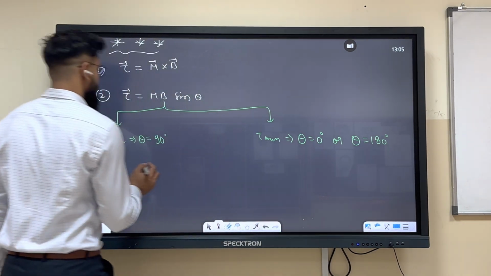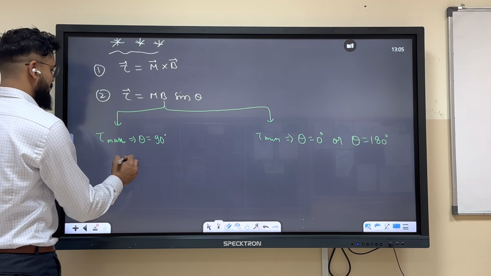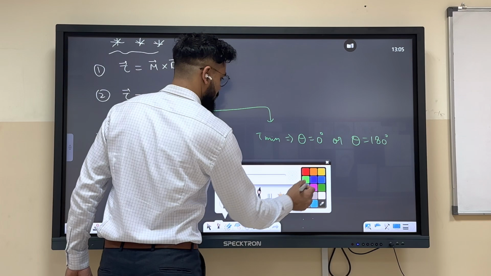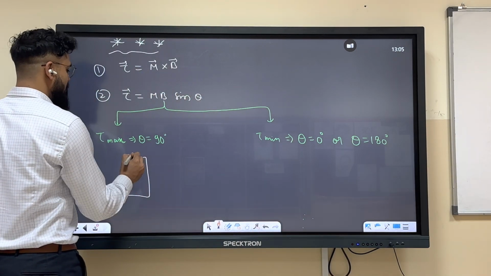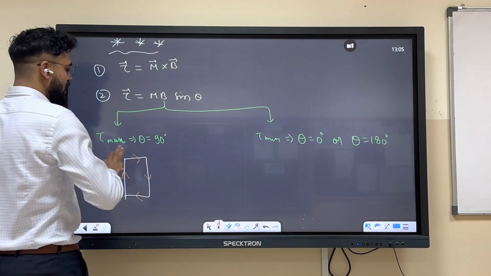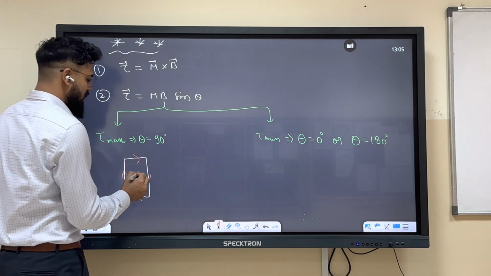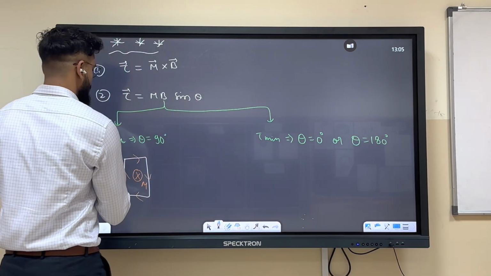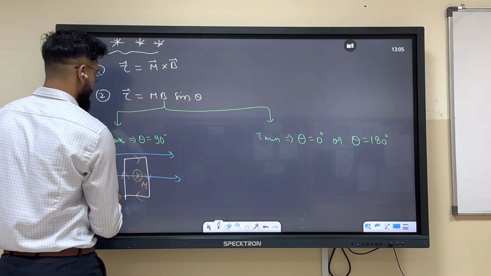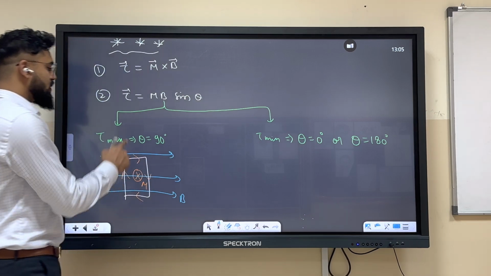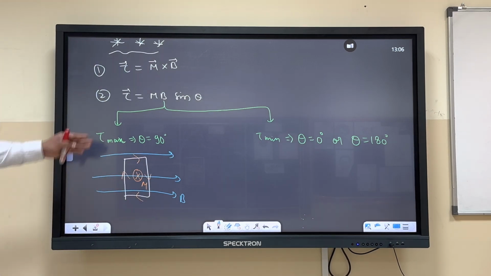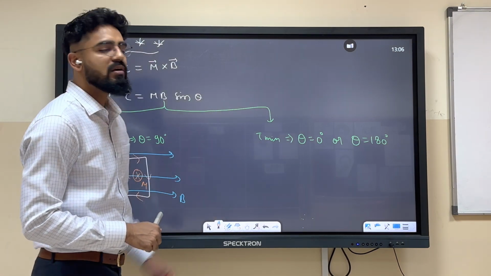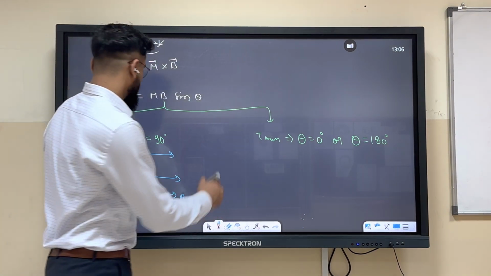Okay, so what is the case? This is the case. Current moving like this. If current is moving like this, M is inside, and let's say we are applying magnetic field like this. So both of them are at 90 degree. This is the case. Over here, when we are talking about torque minimum, it means what?